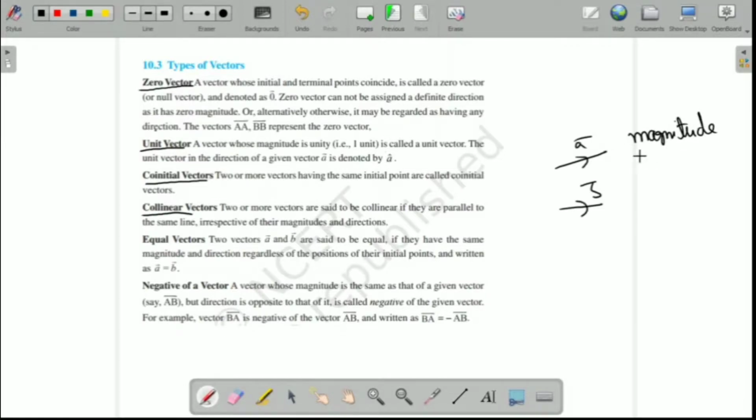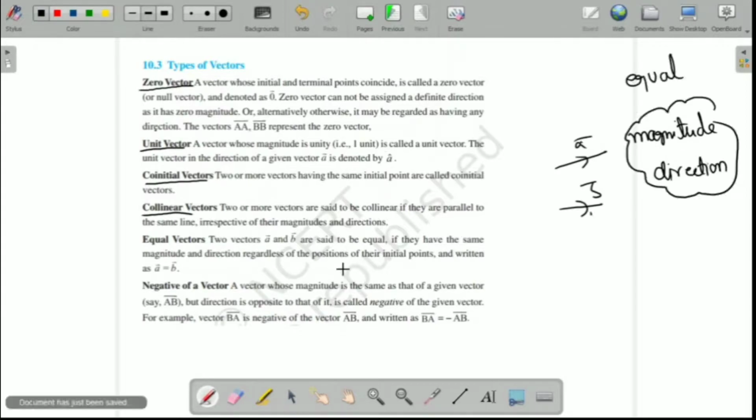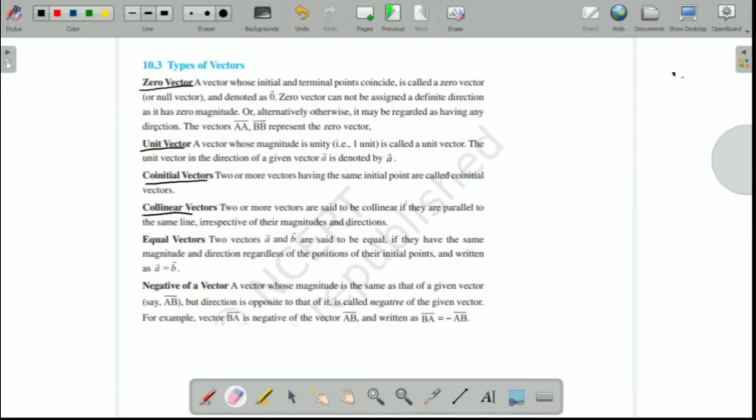Next, negative vector. Let us consider this is a bar. If I draw the opposite of this, it becomes minus a bar. These two are in opposite directions. Negative indicates opposite direction, so a negative vector is opposite in direction.